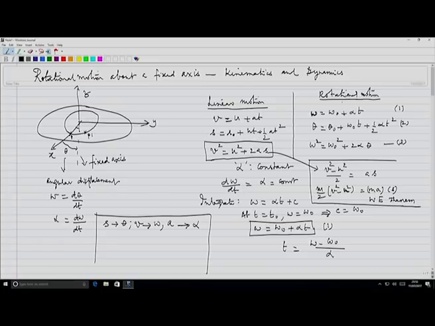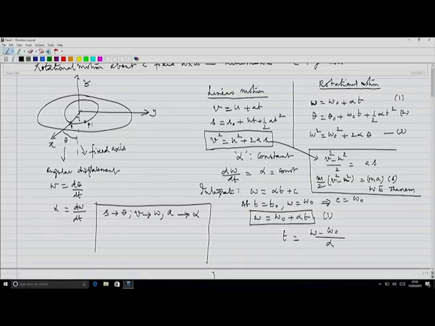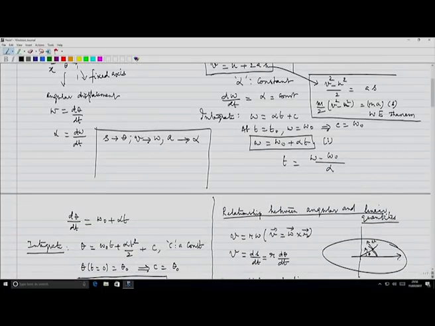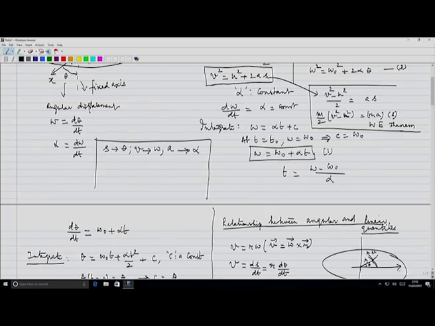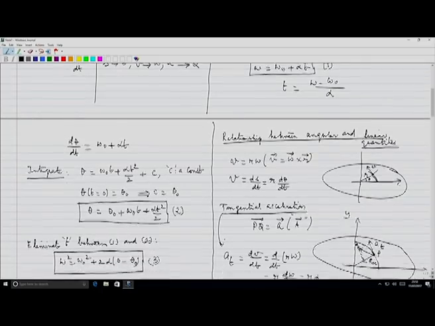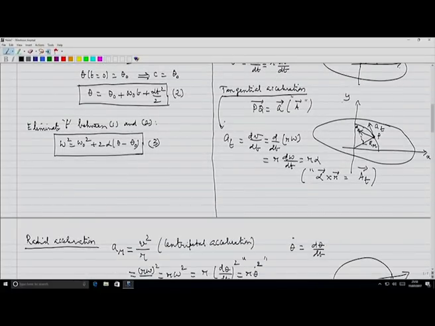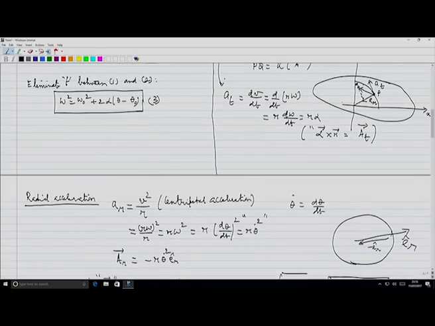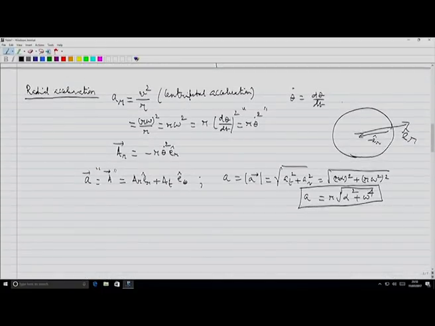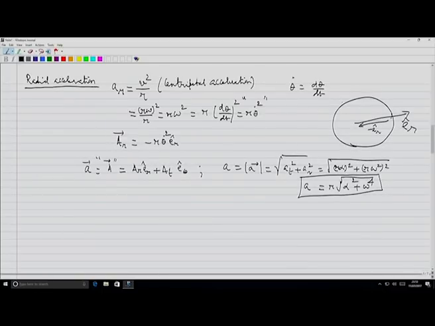In fact, for all these kinematical equations we have shown the derivation. Of course, we start with the simple definition of omega, the angular speed, d theta by dt. Then the relationship between angular and linear quantities was done earlier in lecture 3. We are taking stock, and this is the expression for the acceleration.